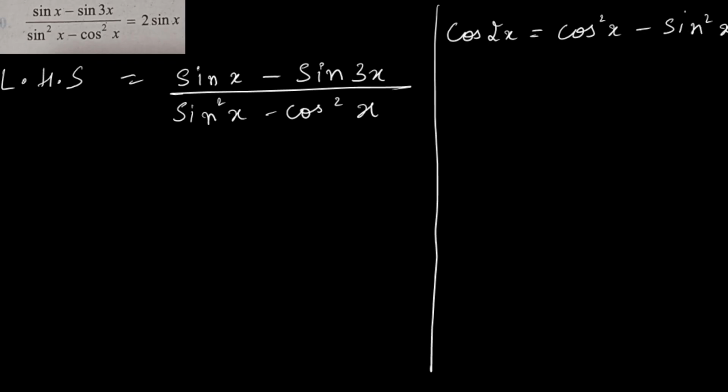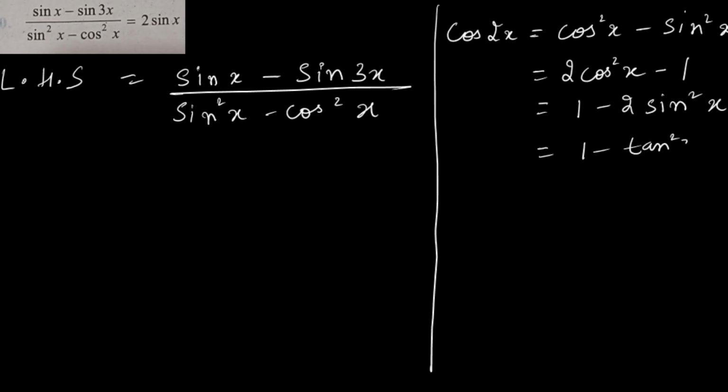Four identities I told you. So cos 2x is equal to cos square x minus sin square x, or it is equal to 2 cos square x minus 1. It's also equal to 1 minus 2 sin square x, and it is also equal to 1 minus tan square x by 1 plus tan square x. So these identities we have already done.